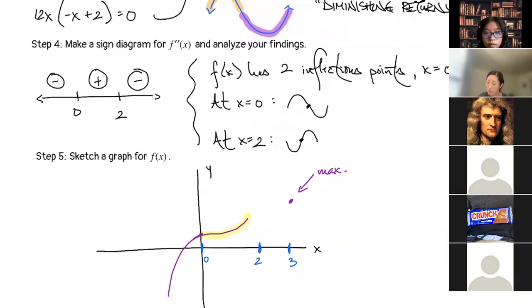And then at x equals 2, it changes again to concave down because we see that f double prime is negative. And then we get to our maximum.